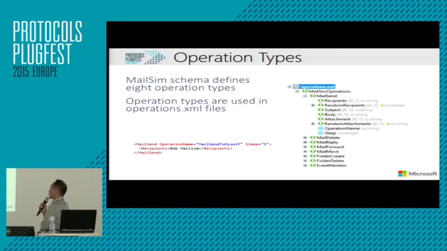So right now, MailSim supports about 8 operations. We do mail operations, like sending mail, deleting mail, reply, forward, move, and then we do folder create and folder delete, right? And then the last one is event monitoring. These are what we've heard from partners that they are interested in doing.